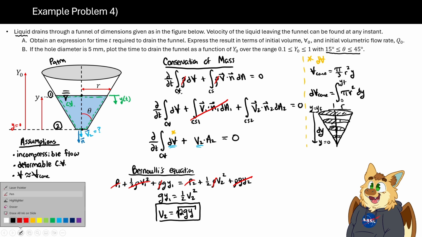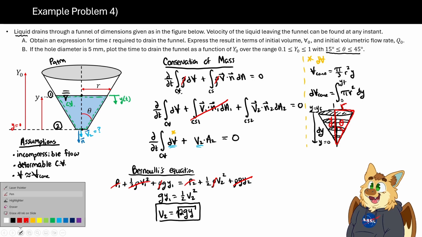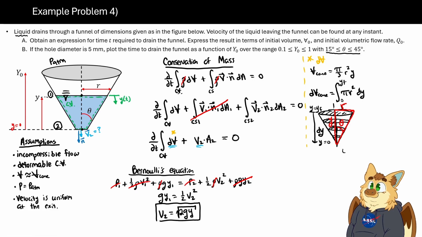Let me just draw this in red so it's a little bit clearer for everyone. All right, this is theta, this is y, this is r. A little challenging to see, but I think it's coming through clear enough. This is just trigonometry, so all you have to do is see that tangent theta is equal to r over y. So therefore, r would be equal to y times tangent theta.